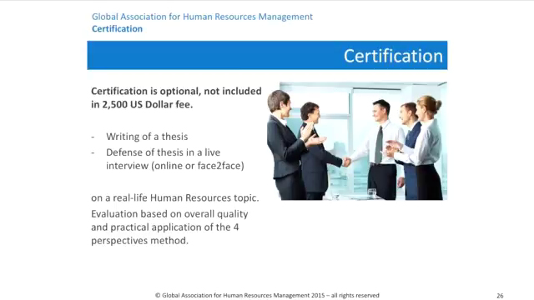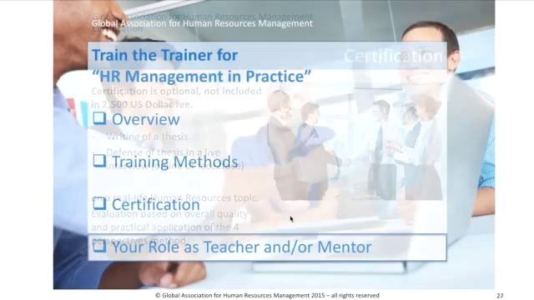It will be evaluated by the overall quality and the practical application of the 4 perspectives methods that we use and teach in our handbook. People will get a normal certificate of attendance for free, but this type of certification, where they really go through an examination, will be at an additional cost, which has not been decided yet.